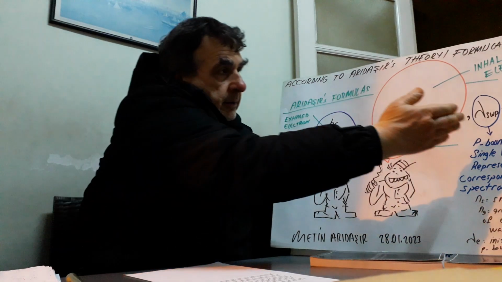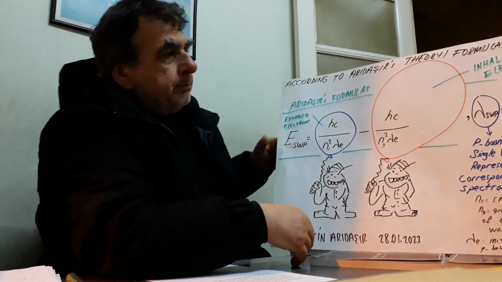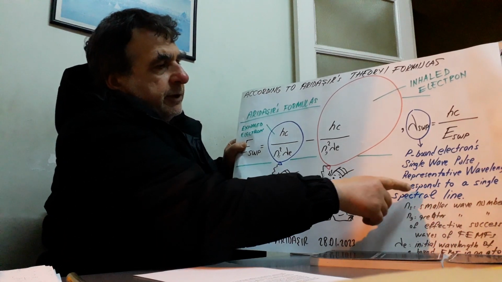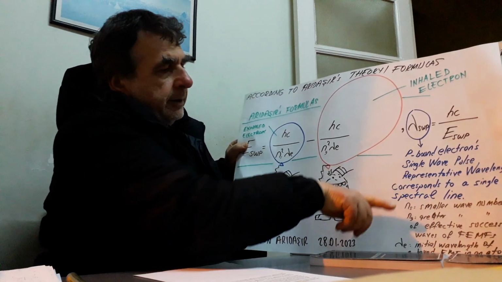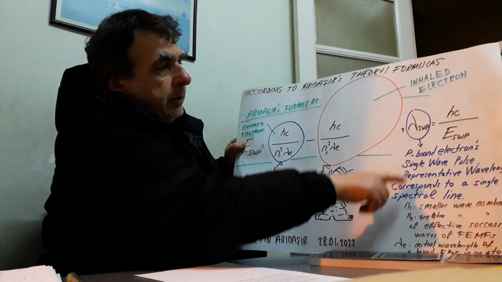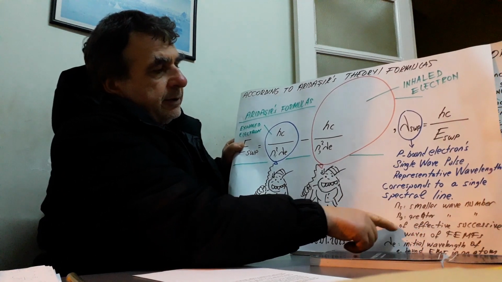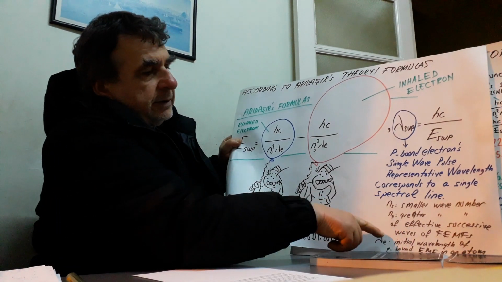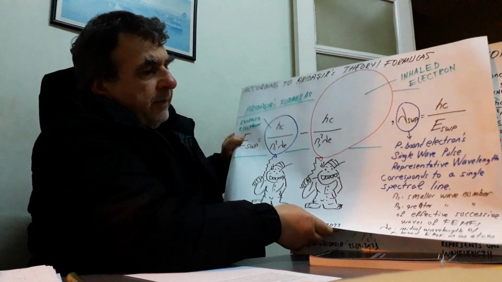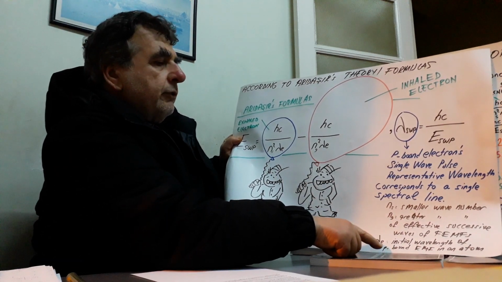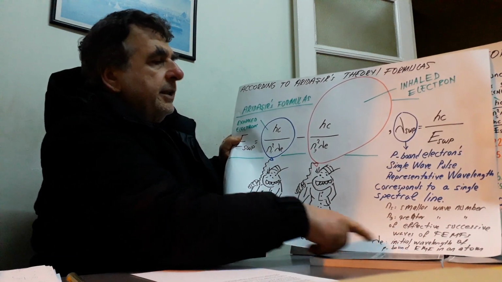Then representative wavelength, proton-bound electron single wave pulse representative wavelength corresponds to a single spectral line. Here n smaller wave number, and g greater of effective successive waves of free electron motion form number, and lambda e is initial wavelength of proton-bound electron motion form in an atom.